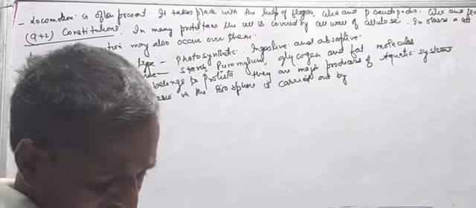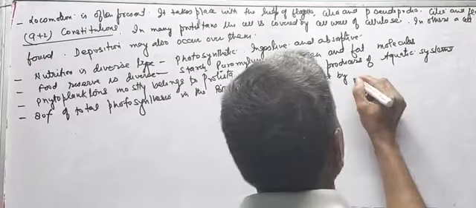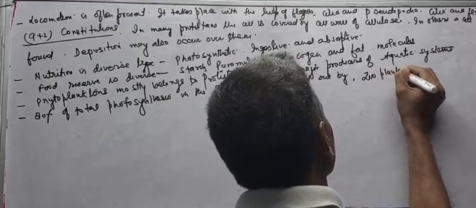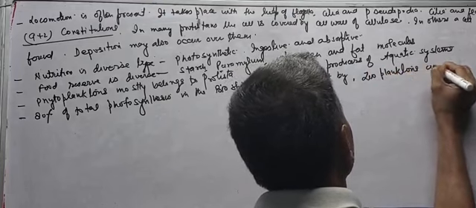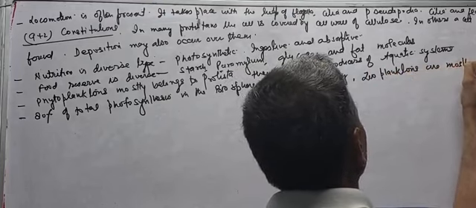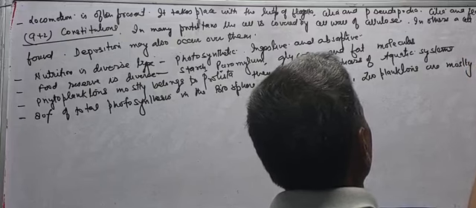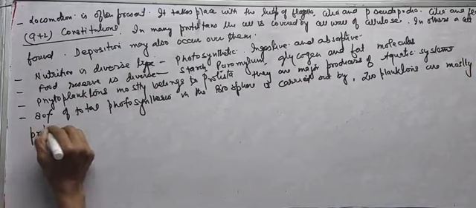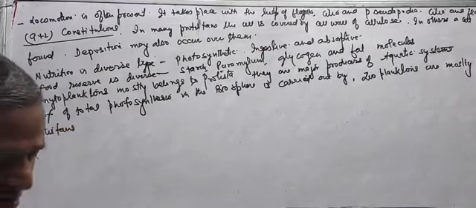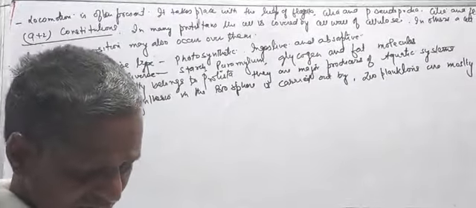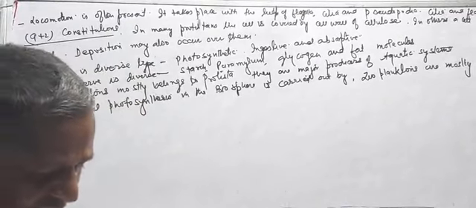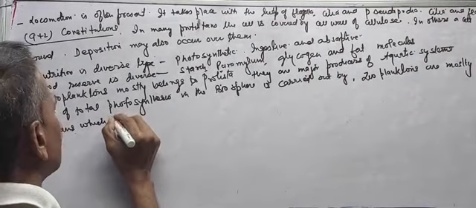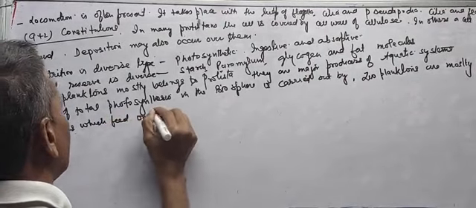Zooplanktons are mostly wall-less protistans which feed on phytoplanktons.